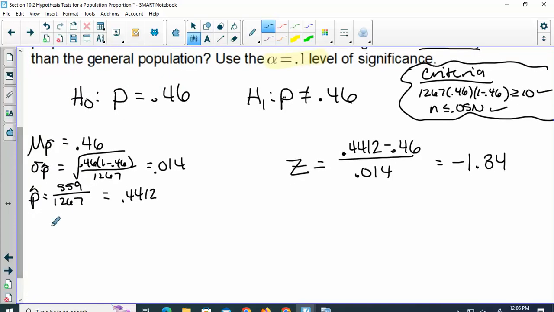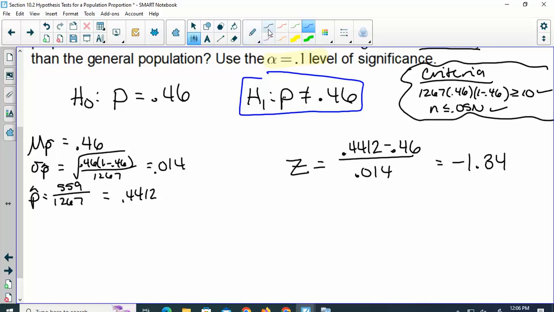Okay, from here it depends on if you're doing the classical or the p-value approach. Do you guys have a preference, or do you want me to show both again? P-value? Okay, this is where we do have to be a little bit careful, because my alternative was not equal. So that means it could be greater, it could be less.